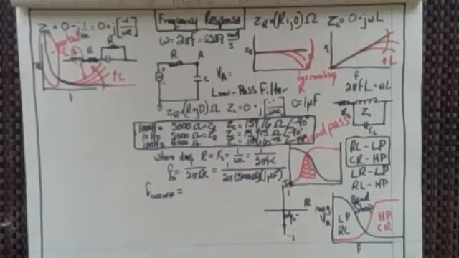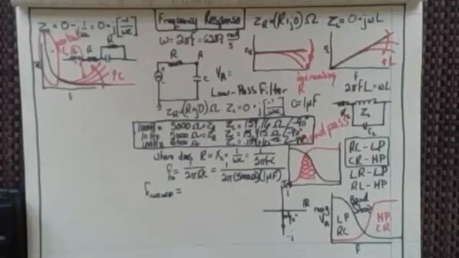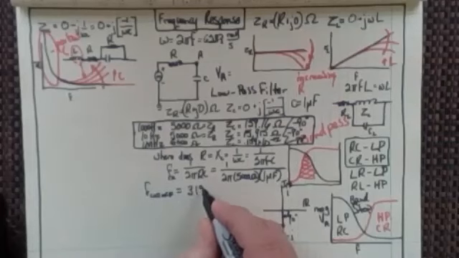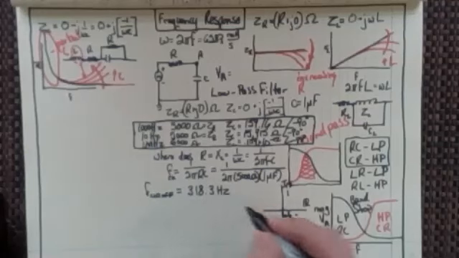Well, that can't be right. Oh no, I forgot to take the 1 over. I'm sorry. There you go. The cutoff frequency is 318.3 hertz. That's our cutoff frequency.